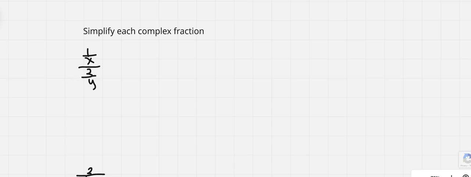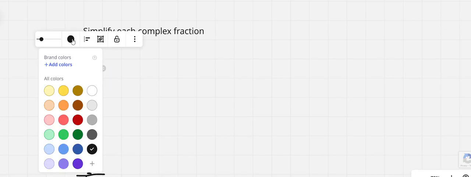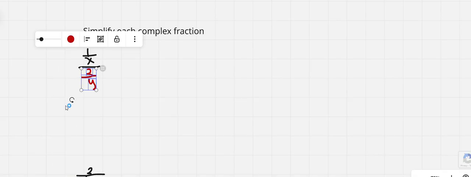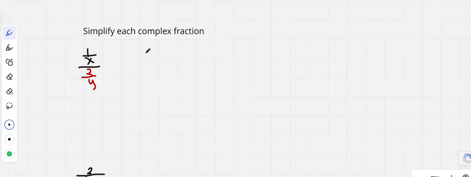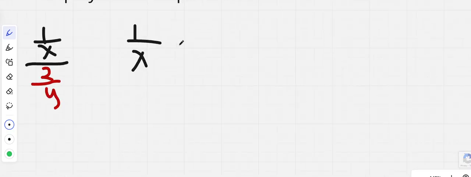So when you are dividing fractions, it is important to note that you have to set it up in a specific way. So let's just get started. Right here we have 1 over x divided by 2 over y.